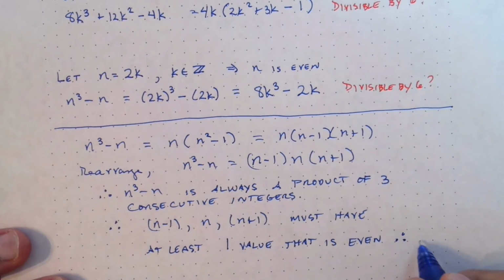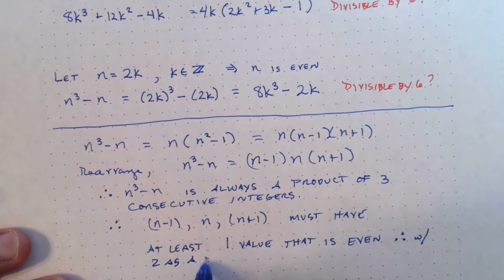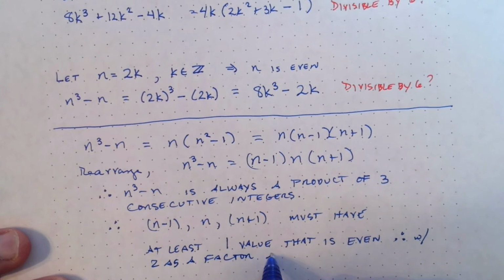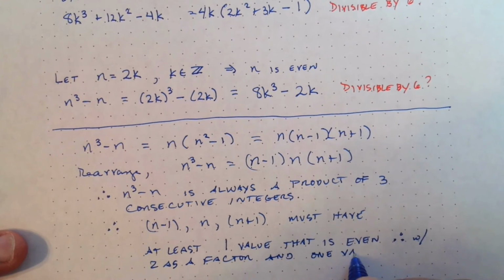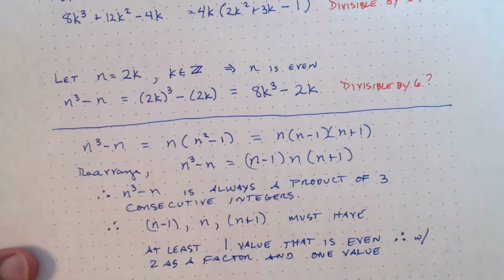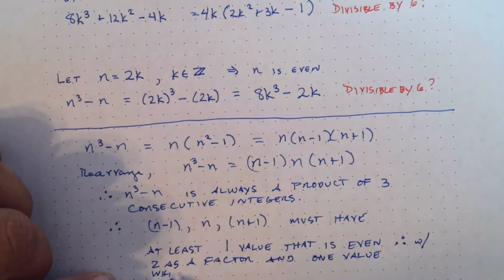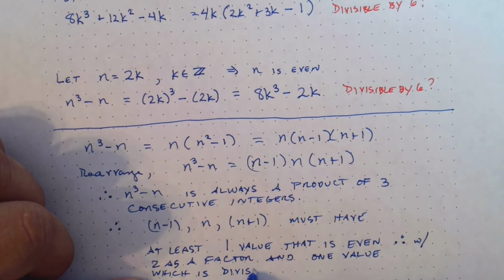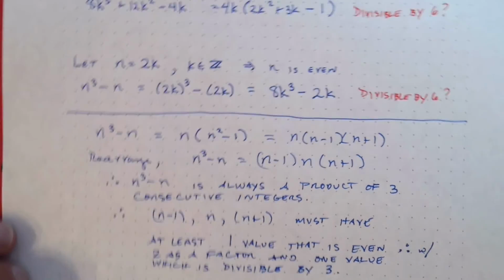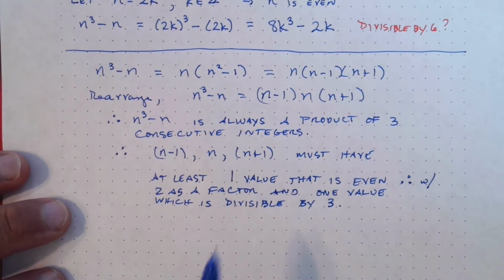So therefore, with 2 as a factor, and one value which is divisible by 3. Right? And we have to have one value which is divisible by 3.